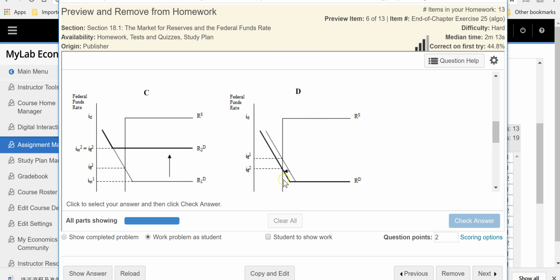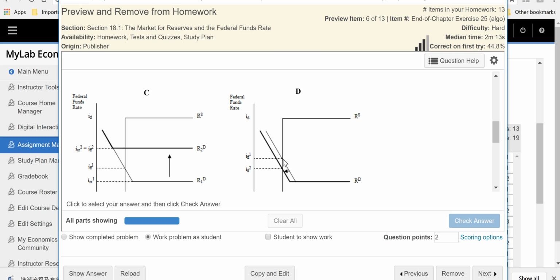And we know that vertical portion refers to the non-borrowed reserves through the open market purchases. So that means the non-borrowed reserves does not change. And what about borrowed reserves? So if the supply is on the vertical portion of the non-borrowed reserves, that means banks do not have to borrow from the Fed.